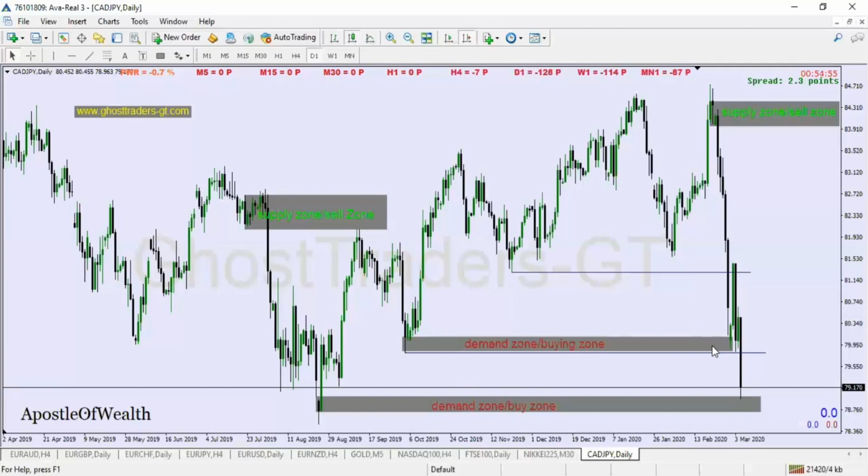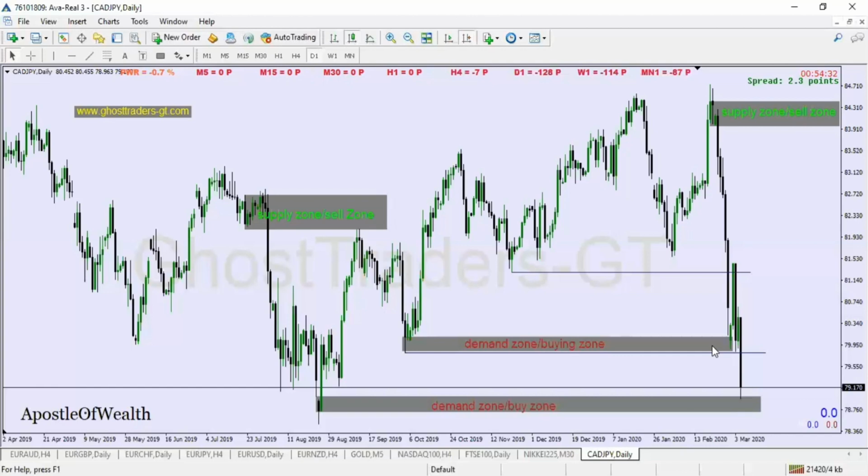The reason why we say that is because when we are indicating demand and supply zones, we are simply indicating potential areas where the institutions have left their pending orders. It could be buy limit, it could be sell limit, it could be sell stop, whatever form of order you can think about.